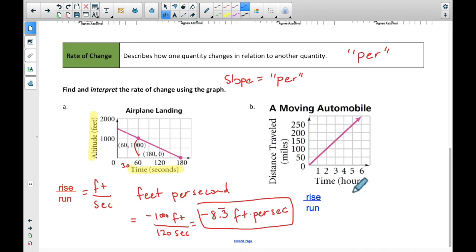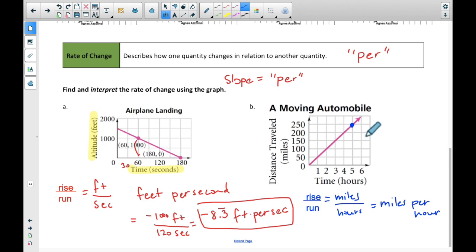Distance traveled, time. So our rise is the distance, or the miles. The run is the time, or the hours. So this is miles per hour. How many miles per hour is it going? Your copy might be difficult to see, but on my copy, I can see a little bit better.